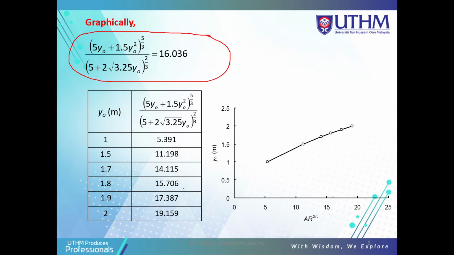Then you draw the graph. You sketch y naught on this axis, and this formula, A R to the power of 2 over 3, on the other axis. This is the y axis and this is the x axis.